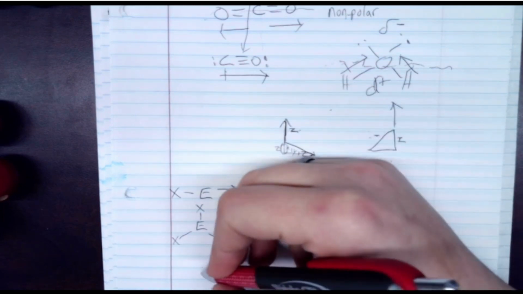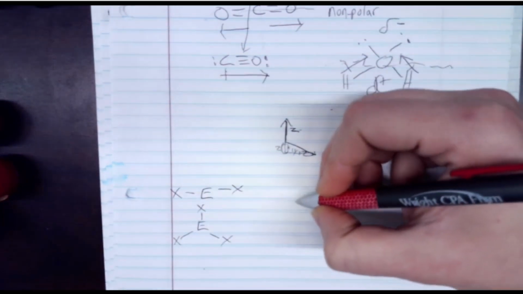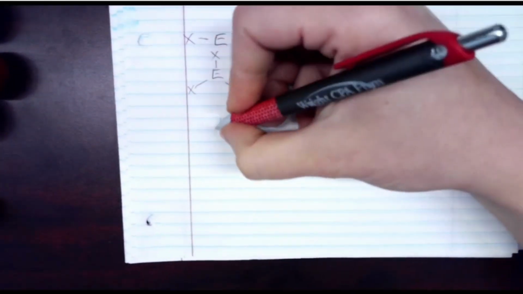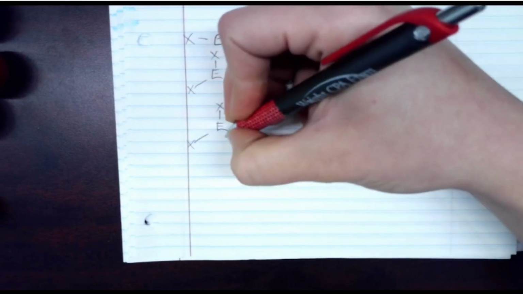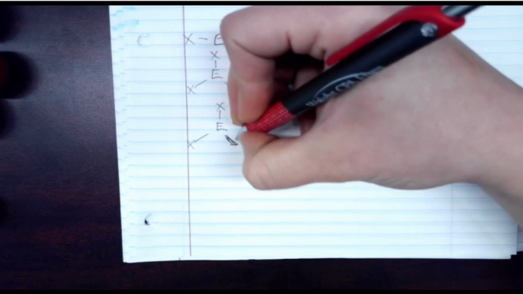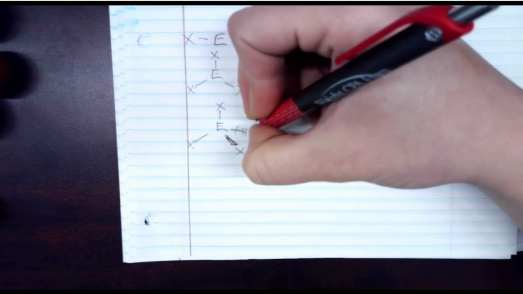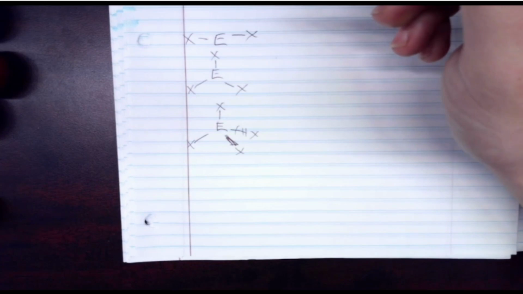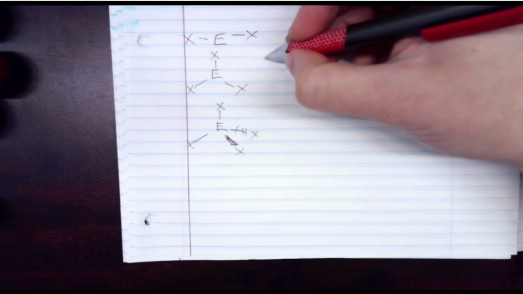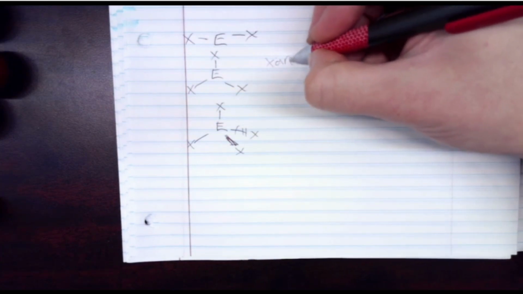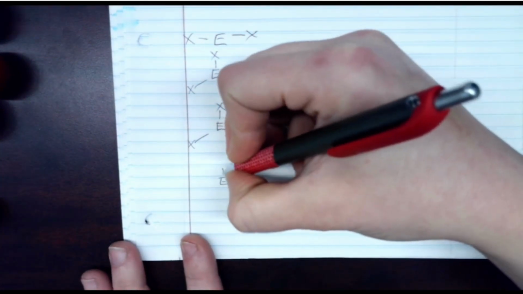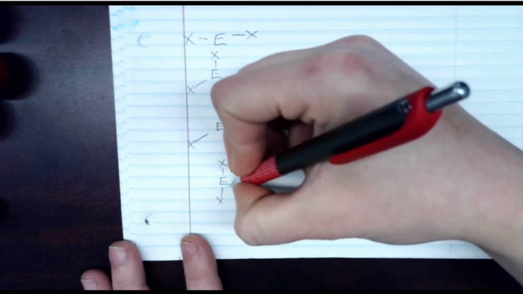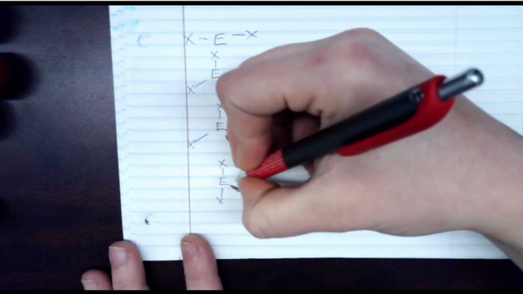If we have these structures and all of the outer atoms are the same, then these can never, ever be polar if all the x's are the same. And that is because of the large amounts of symmetry present.